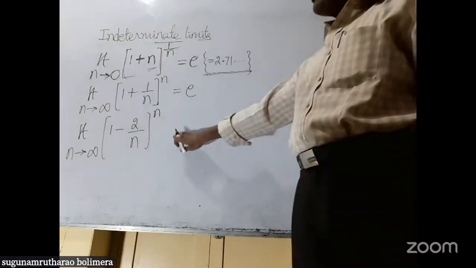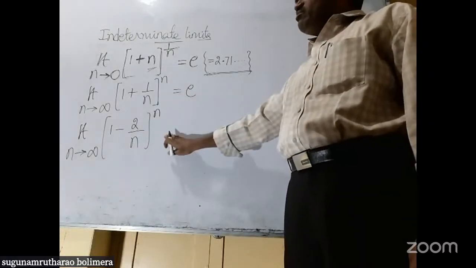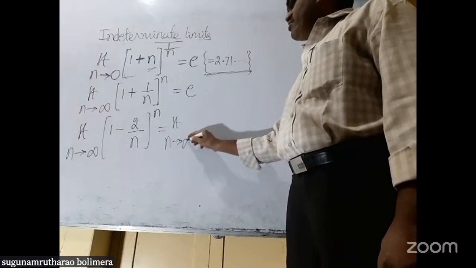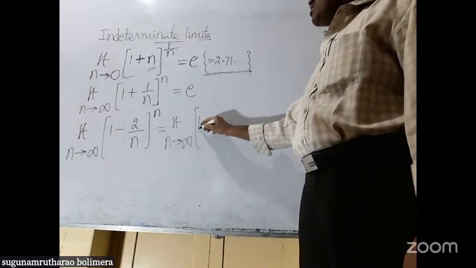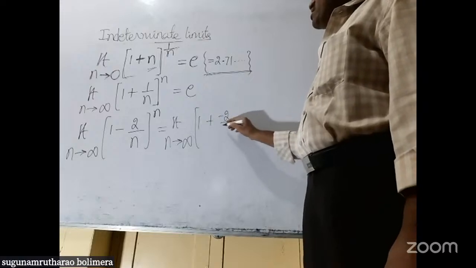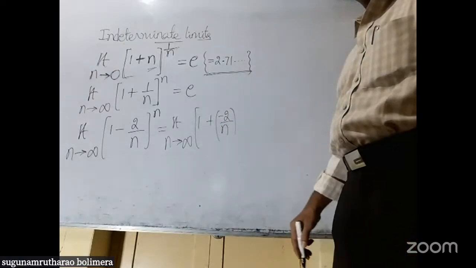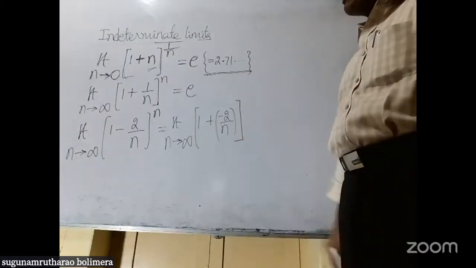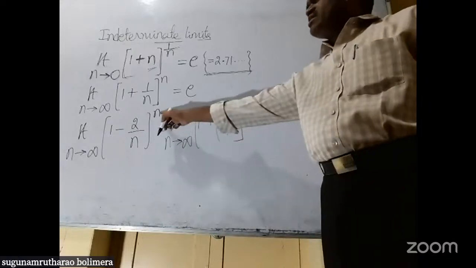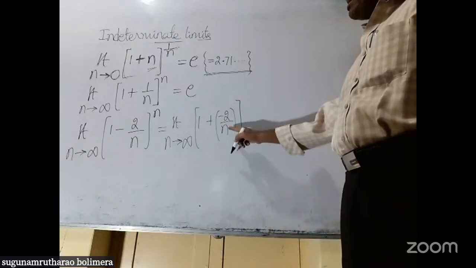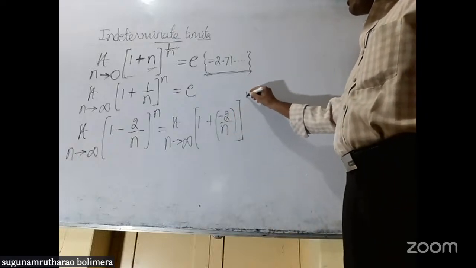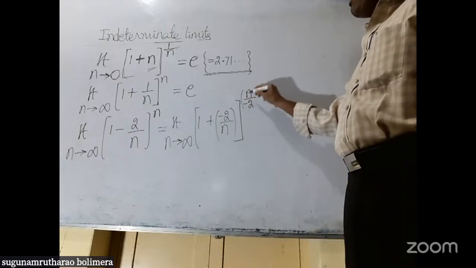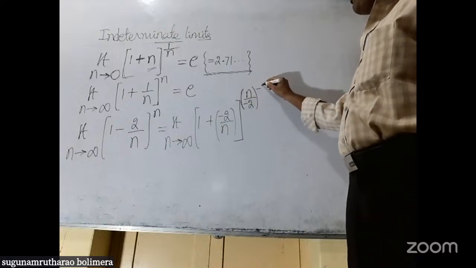So it is similar to this one. What I am going to do is limit n tends to infinity, 1 plus minus 2 by n, whole power. As we are having n here, I am going to write the reciprocal of this, n by minus 2. So if we have written n by minus 2 in the power, we must also have whole power minus 2.